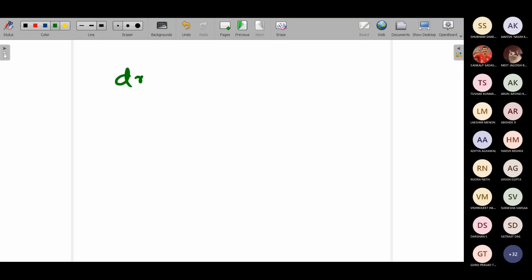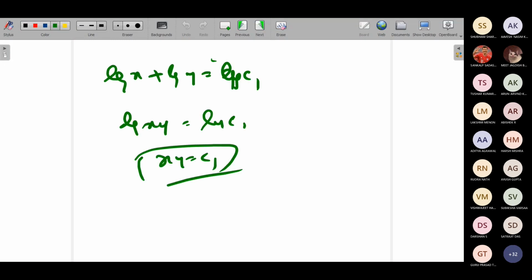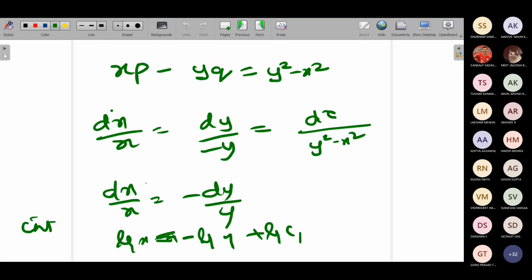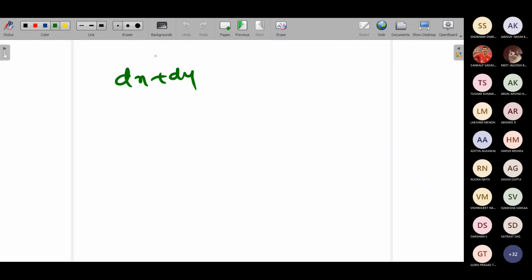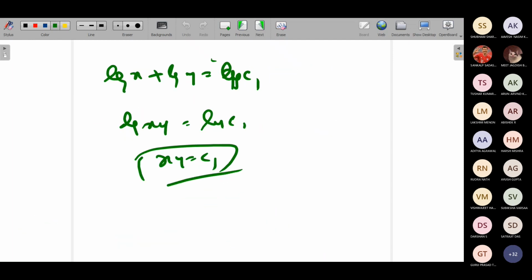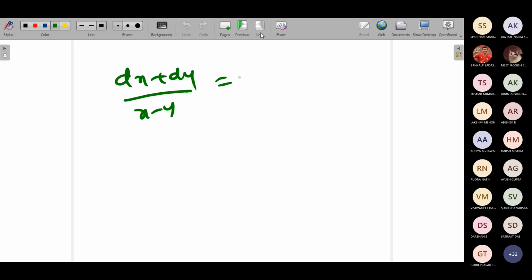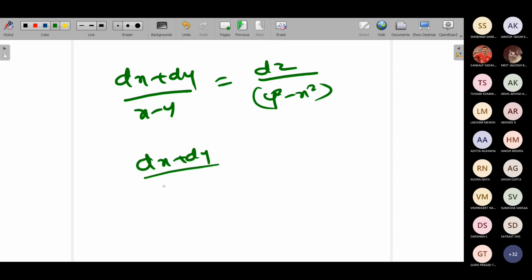Suppose you write dx plus dy, the second ratio plus first ratio, divided by x minus y, you will get, correct? This you can equate to the third ratio, dz divided by y square minus x square. You can even write it as dx plus dy divided by minus of y minus x.